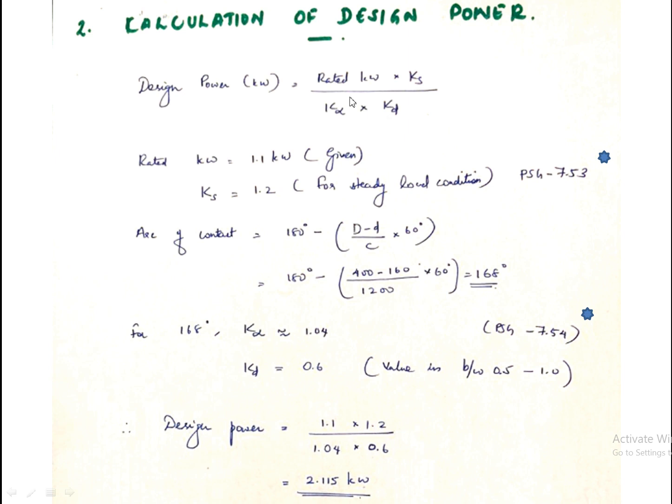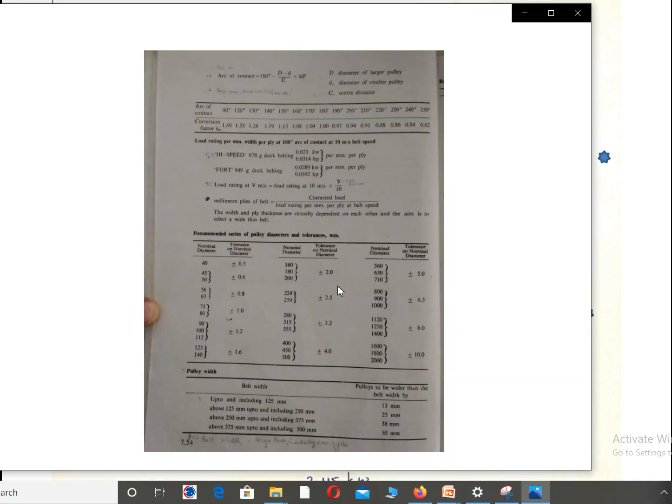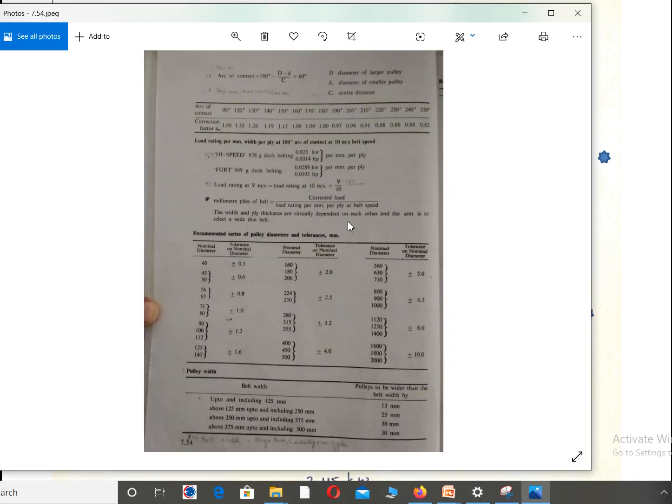The next one is the arc of contact factor, which is K alpha. To find K alpha, first of all, what you need to find is the arc of contact. To determine the arc of contact, you have a standard equation. It is given in page number 7.54. So let us go to page number 7.54. As you can see at the top of this page, you can see the arc of contact equation.